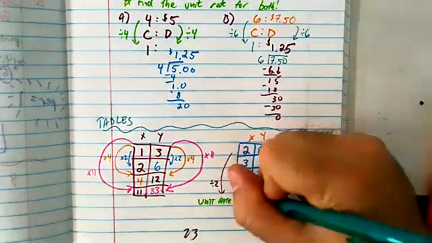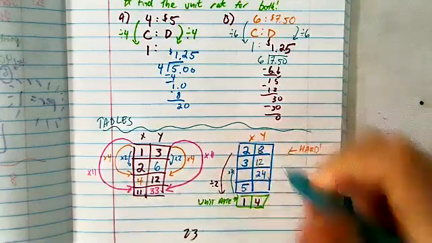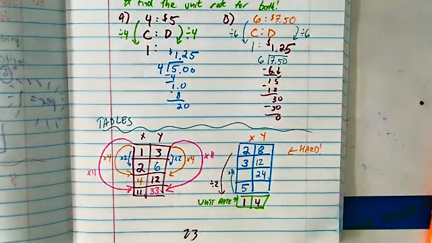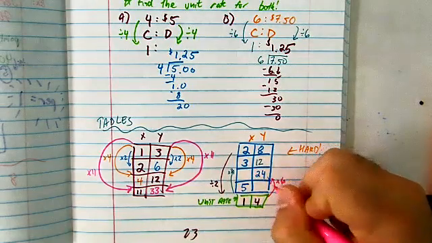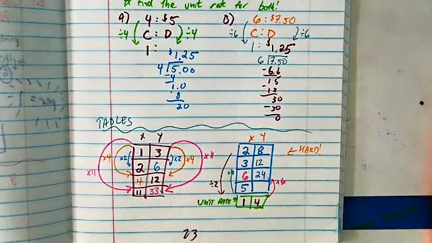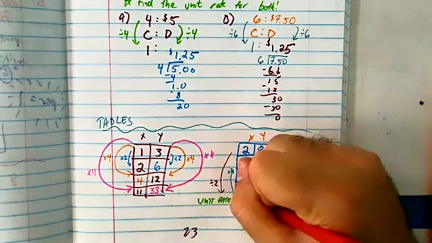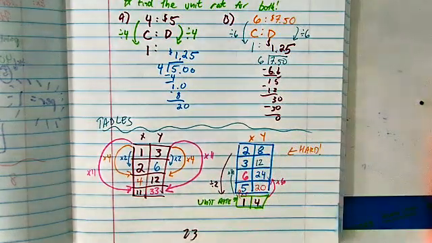So 1 times 3 gives me 3. So this must therefore be 12. 4 times 6 is 24. So this therefore must be 6. And 1 times 5 is 5. So this therefore must be 20. Once I find the unit rate, everything gets a grand deal easier.